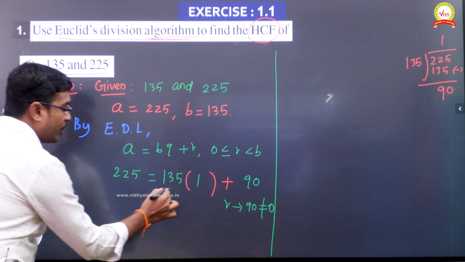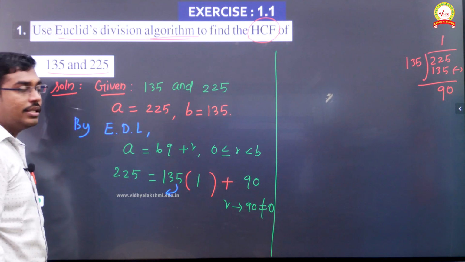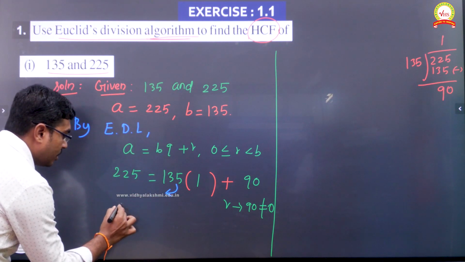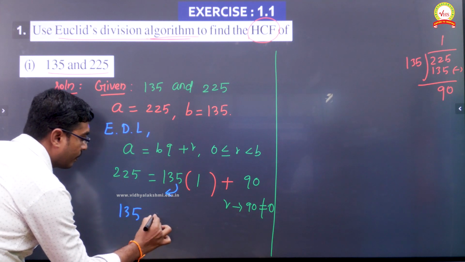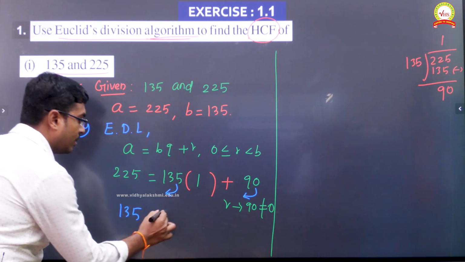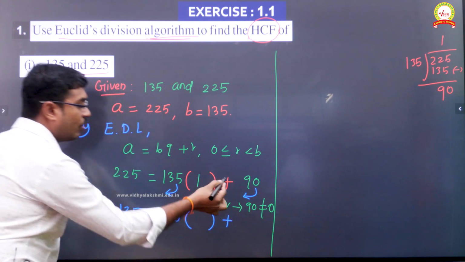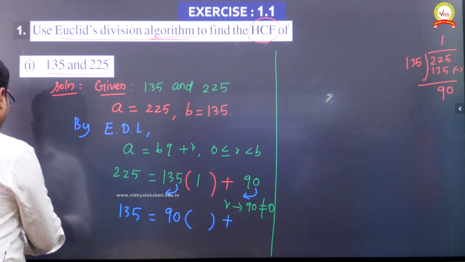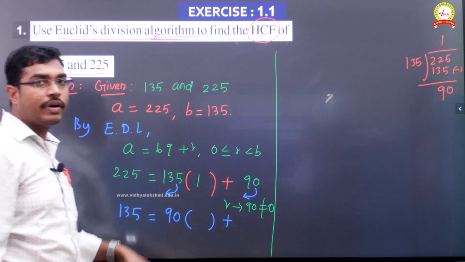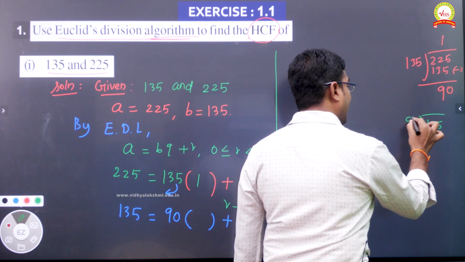So I am going to take this divisor as the dividend. This is the Euclid's theorem. Okay, 135. This remainder comes to divisor. So 90, we are going to find quotient and remainder. How to find it? Divide 135 by 90.